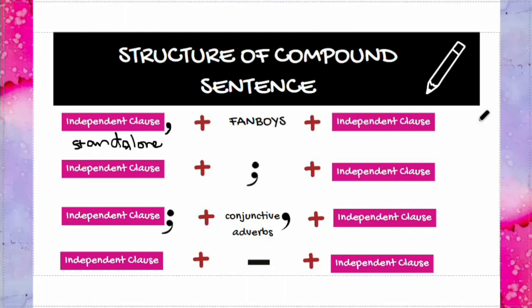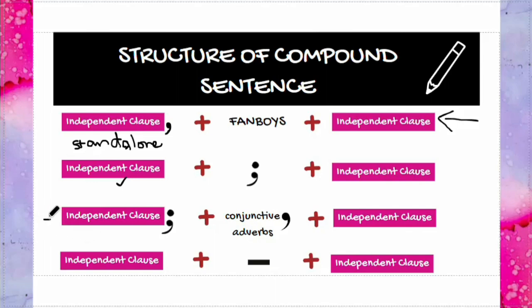This is the most used structure of compound sentences in English writing. Second structure is an independent clause, right after it a semicolon, and then another independent clause, which means a complete sentence again.